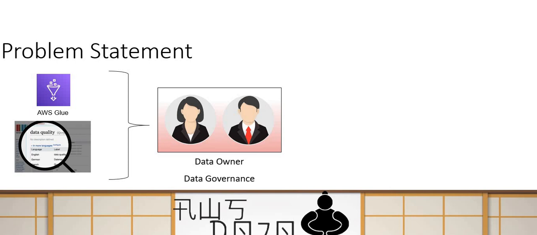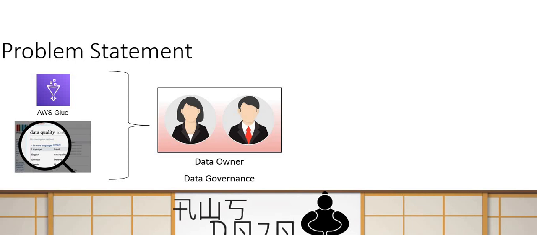Data owners are the guys, or girls, who are responsible for the data. They own the data in terms of bringing it into a consumable state, maintaining it, and making it accessible to the end user.